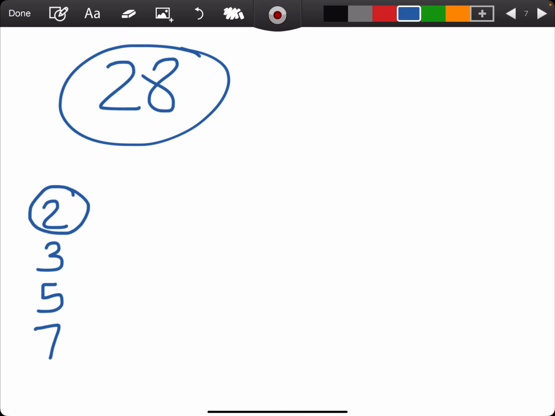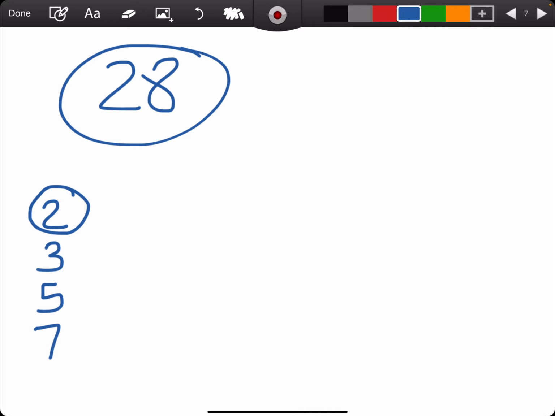Now, multiples. So you have to know that if you get a number, so let's say you get the number 28, and you say the number 28 is a multiple of which numbers, and I put here 2, 3, 5, and 7, let's say. You're going to say, all right, 28 is a multiple of, if I count by 2s, will I get to 28? 2, 4, 6, 8, 10. Oh, yep, 28's an even number. So 28 is a multiple of 2, because if I count by 2s, I will get to 28. Now 3.